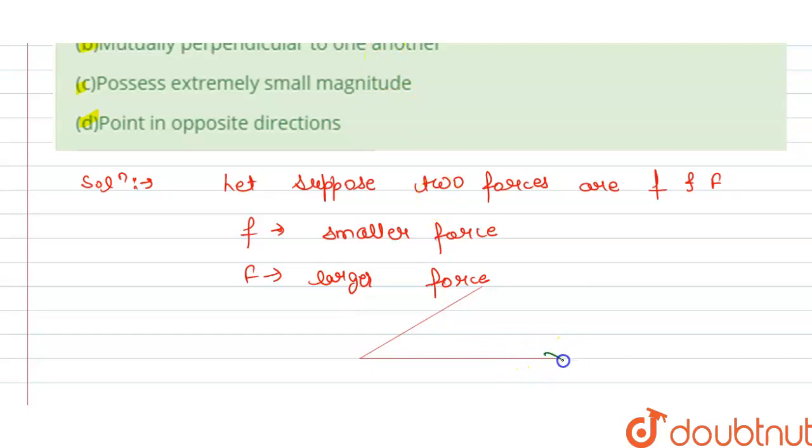In this direction we have the larger force F vector, and in this we have the smaller force. Let us suppose these are two sides of the parallelogram, then the resultant is given by the diagonal of this. So here is the resultant force, that is capital F plus small f. So this is our R, the resultant force.